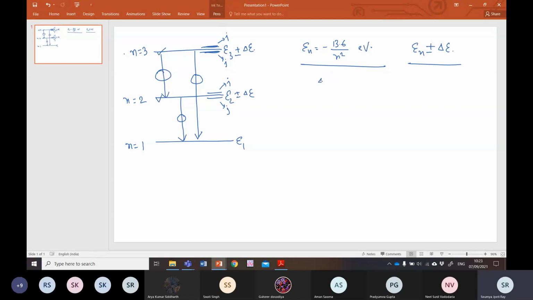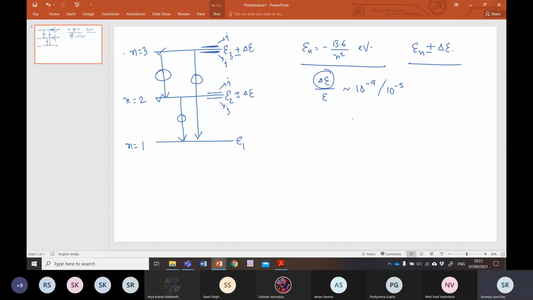You remember that we calculated this delta E divided by E, and we saw that this is typically of the order of 10 to the minus 4 or 10 to the minus 5. So you can imagine that these corrections are very low in value, right?